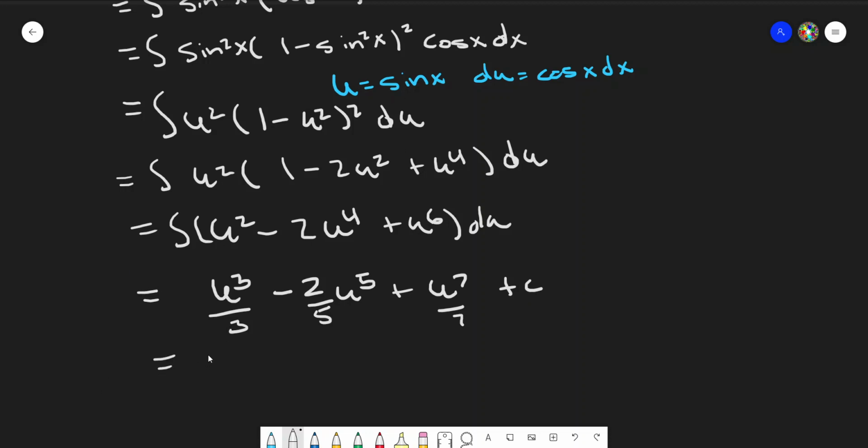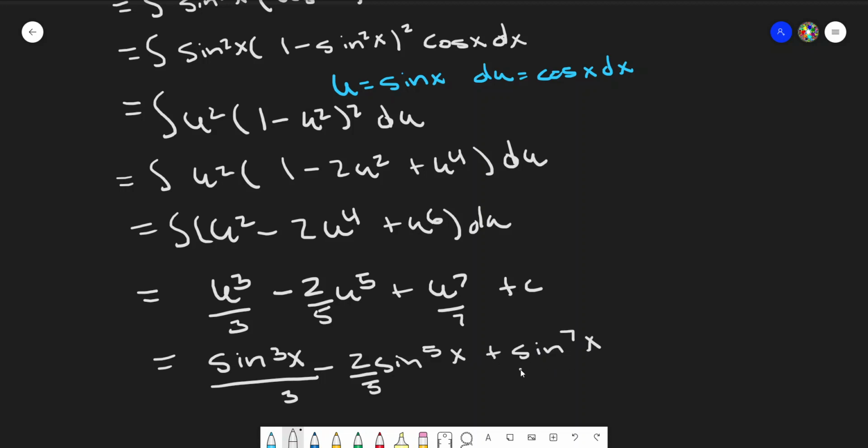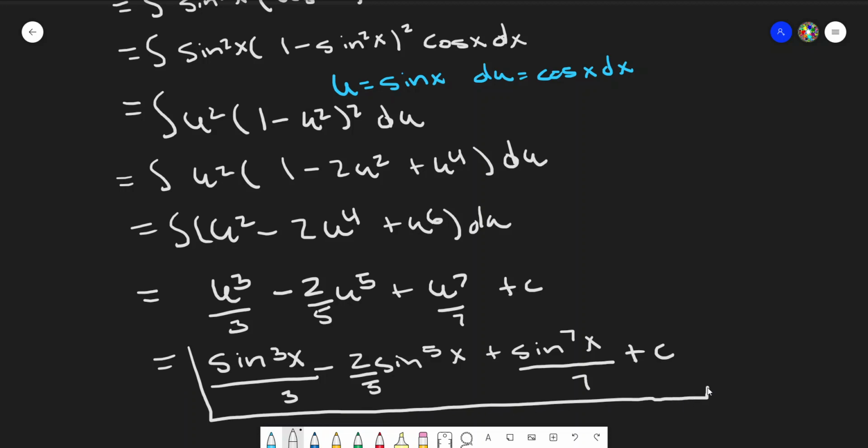So that's sine cubed x divided by 3 minus 2/5 sine to the 5th x plus sine to the 7th x divided by 7, plus c. Now, of course, if you differentiate this, it's going to give you back the integrand function.